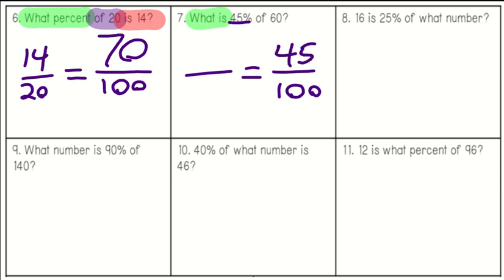So we got 45 over 100. And then the last little part, it says of 60. So 60 is on the bottom. Any questions on how I set that one up? And then we're multiplying it, 60 times 45 divided by 100. What's that give you? 27.